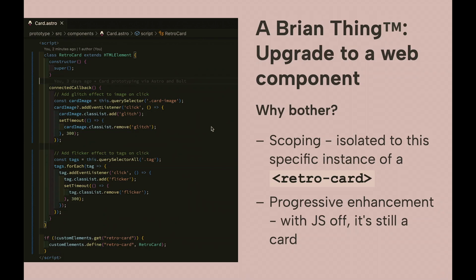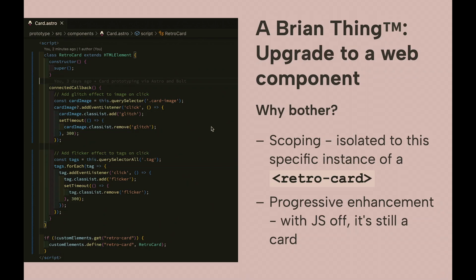But as I touched on before, this is actually a good example of when you might want to upgrade this to be an actual HTML web component. So why would you do that? It's similar to some of the things we were looking at with just using the element in general, but it helps with scoping. So think of using jQuery in a Drupal theme.